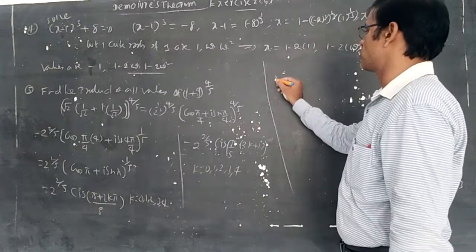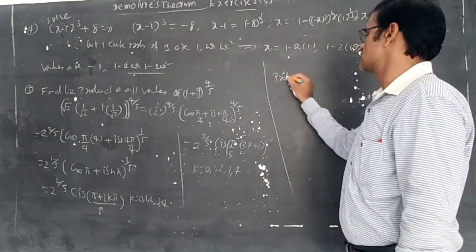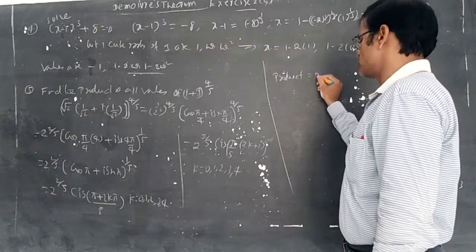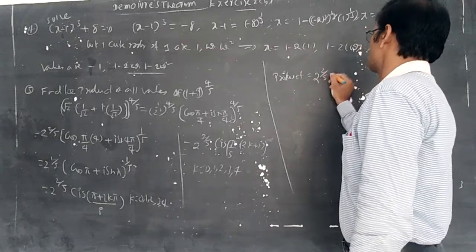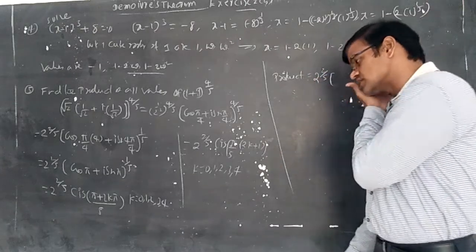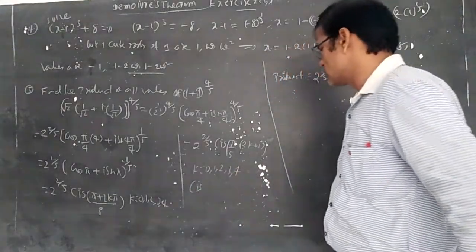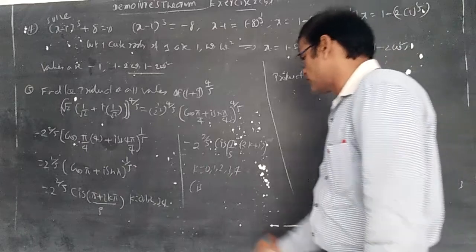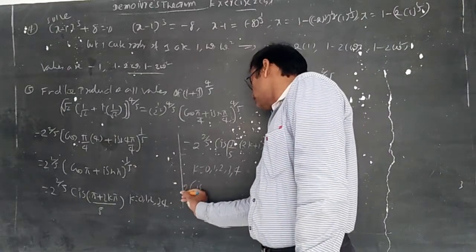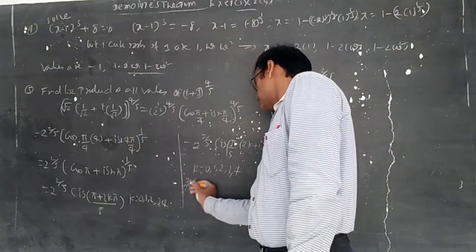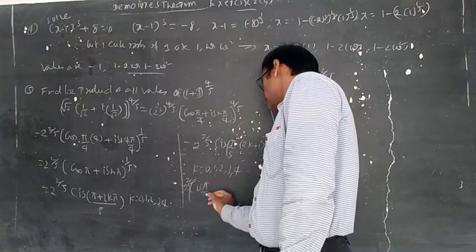Now you calculate the product of those values. For the product, 2 power 2 by 5 you can take common. The values here I am writing as cis. If k is 0, cis of pi by 5.